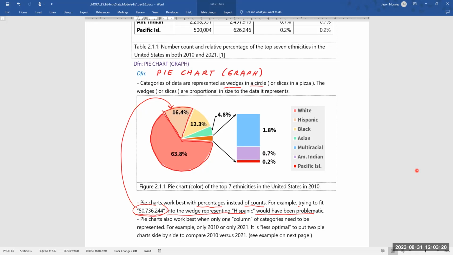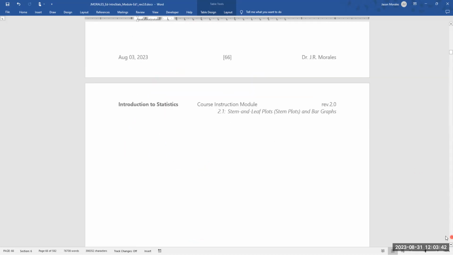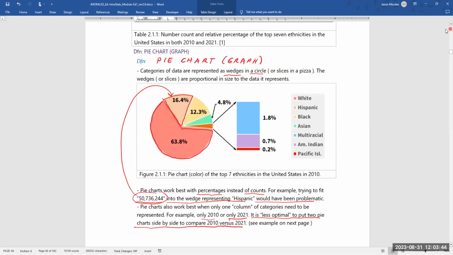Pie charts also work best when only one column of categories needs to be represented, for example only the 2010 data or only the 2021 data. It is less optimal to put two pie charts side by side to compare 2010 versus 2021. So let's look at an example on the next page.